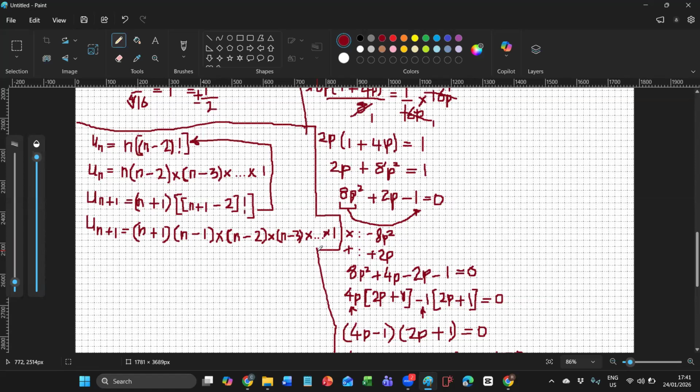Take a look at it carefully. Can you see where you have n minus 2 and you have n minus 3?